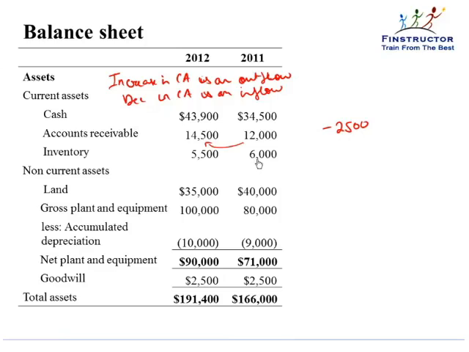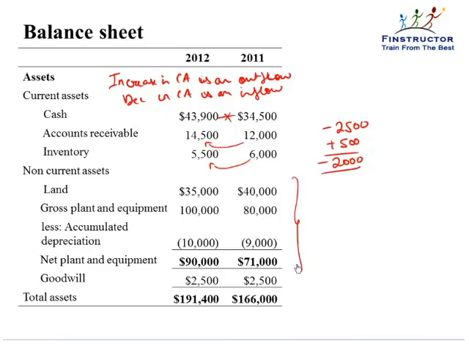If inventory goes down from 6,000 to 5,500, that means $500 worth of previous year's assets have been sold in this period. So the expense would have been recognized, but it was already made in 2011. So in 2012, cash expenses were lower to the extent of $500. Please note that when calculating the cash flow statement, the cash is an ending balance. Do not include changes in cash in the calculation. So from the asset side, we need to deduct $2,000 from our previous calculation as changes in current assets.